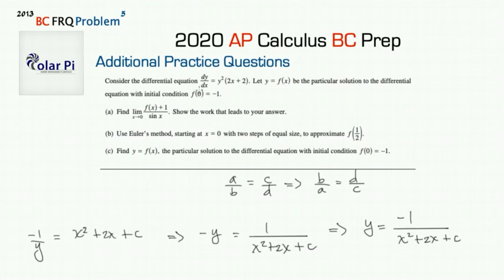Using the initial value that when x is 0, y is negative 1. So that means negative 1 over negative 1 is equal to 0 plus 2 times 0 plus c. See, I told you, finding c here is easier, so c is 1. So in conclusion, we replace this c with 1, and we see that we are done.